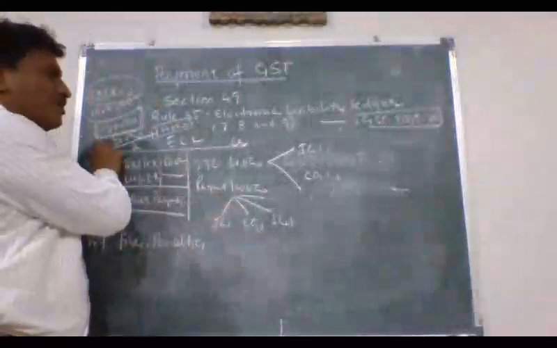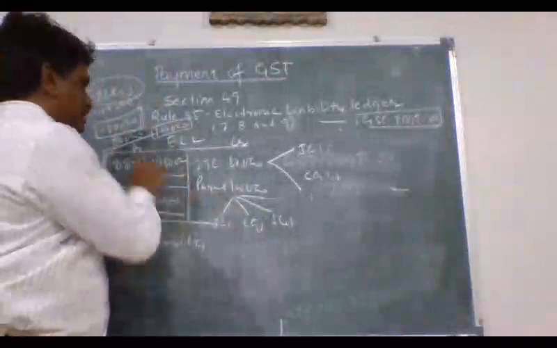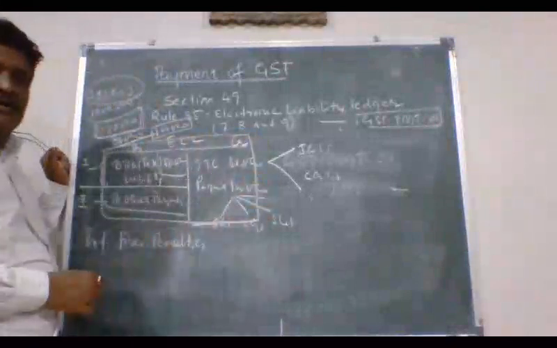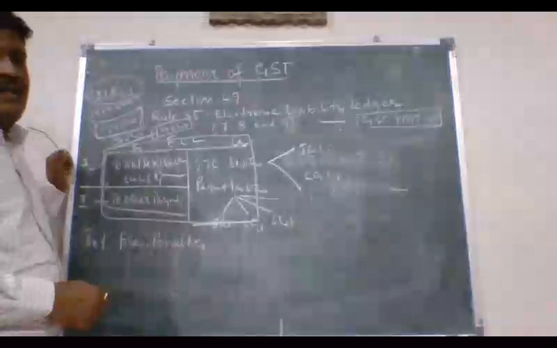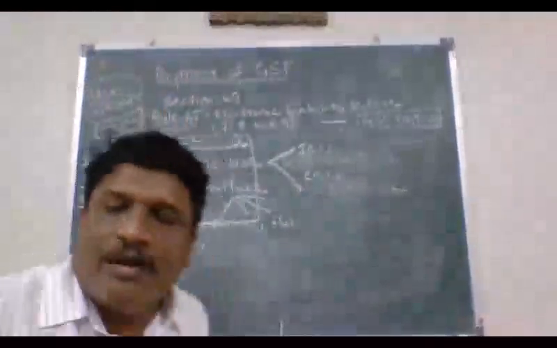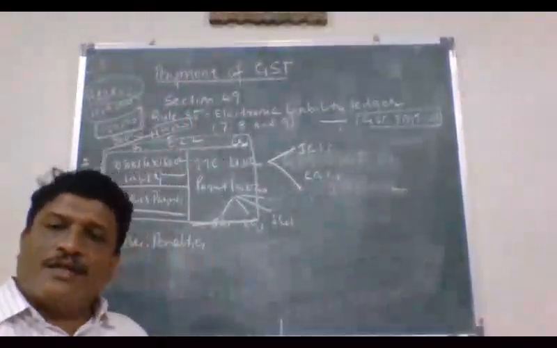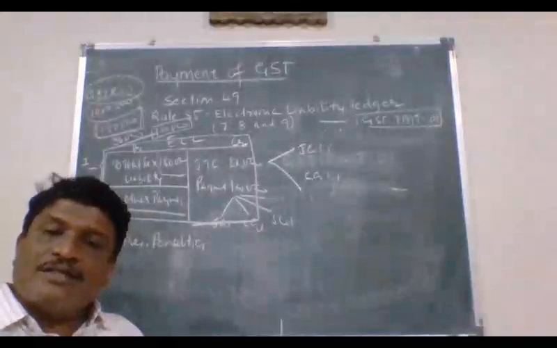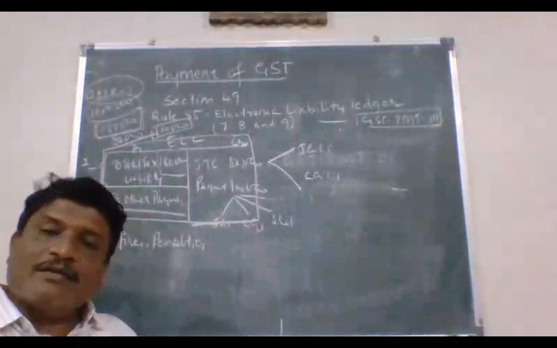This is the electronic liability ledger. So what does it contain in the first part of the electronic liability ledger? We are going to find the total tax liability of the registered dealer as per the information provided in GSTR 1 and GSTR 3.